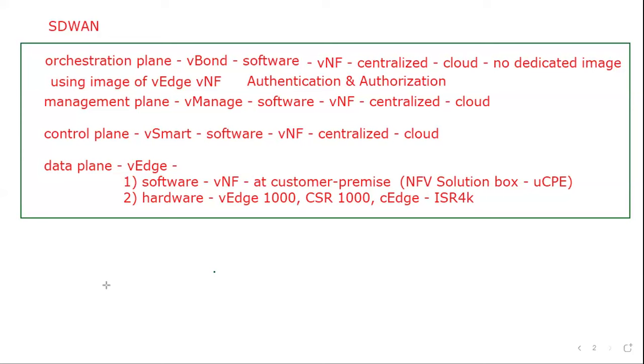But how is it being used as software? I told you it will be installed in an NFV solution box, inside the universal CPE. I thought you were asking how the softwareization is being done. No, ma'am. Okay, understood.